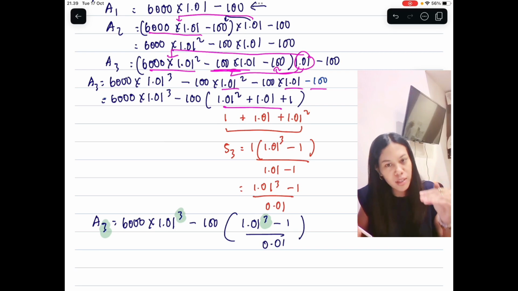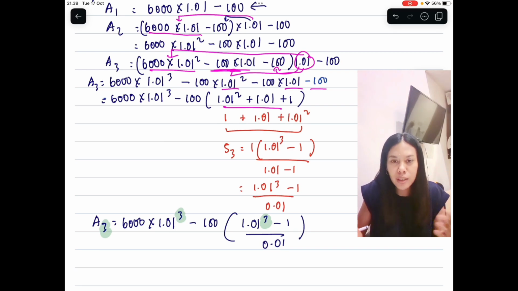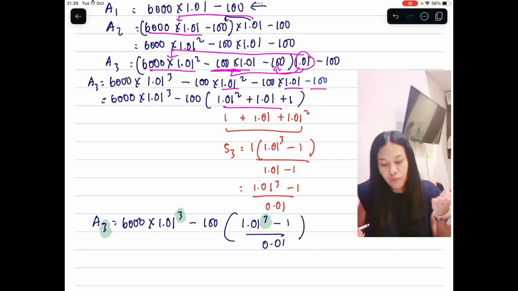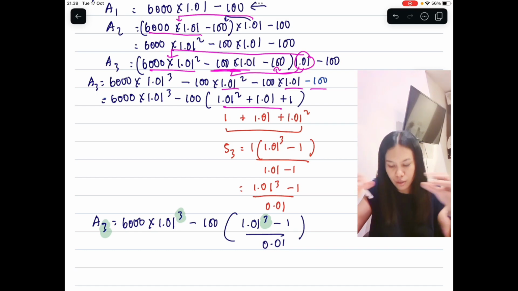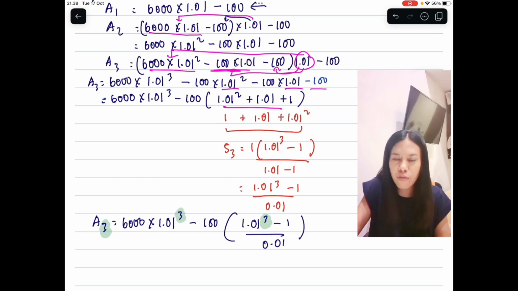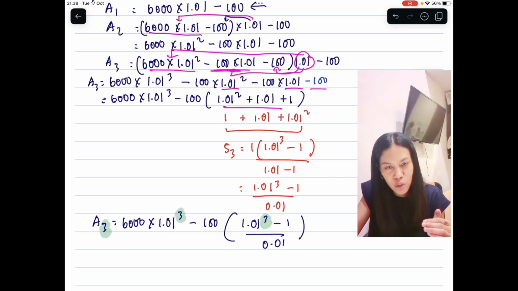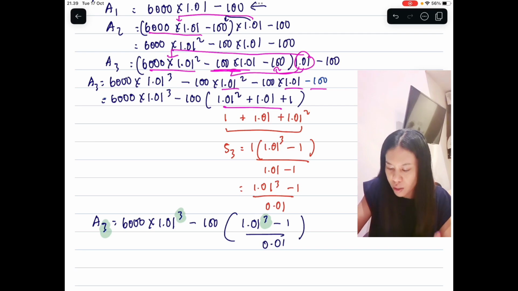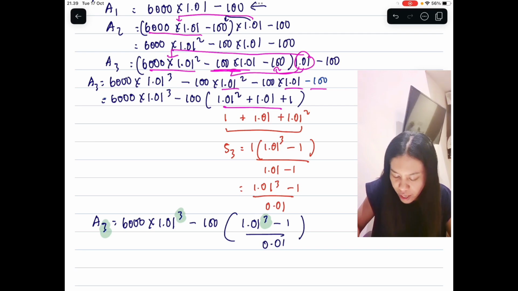We don't need to go to A4, A5, and so on, because we can conclude that if A3 is this form, then it can also be applied for A12. Why A12? Because that's the question. They asked us to find how much money Maya still owes after the 12th repayment. So we go to A12 now.